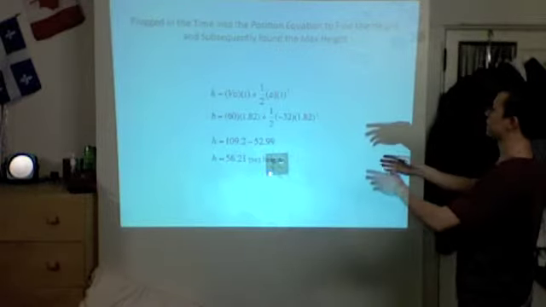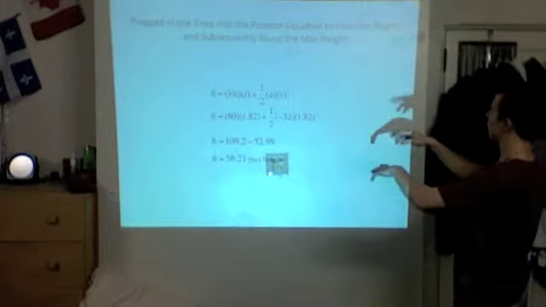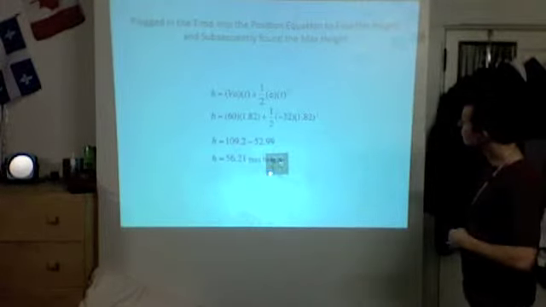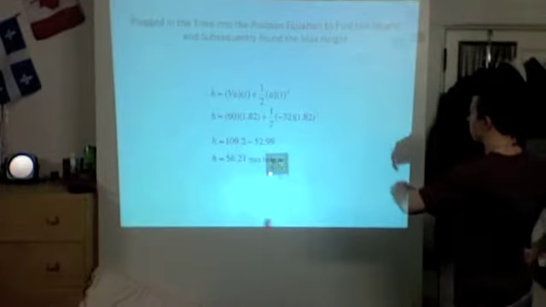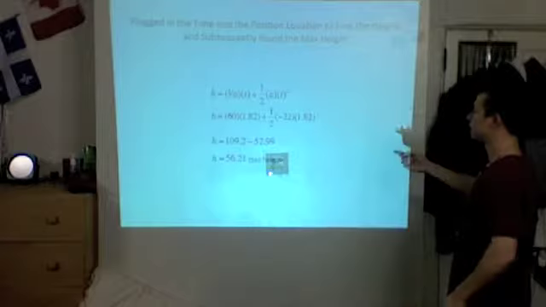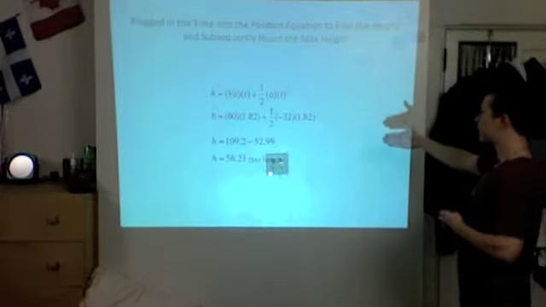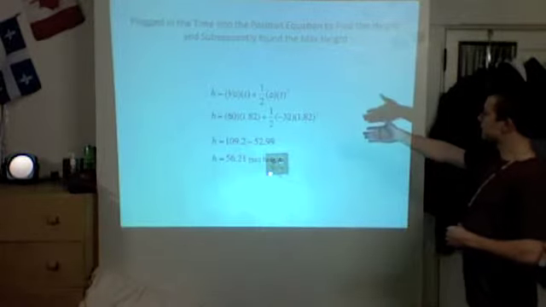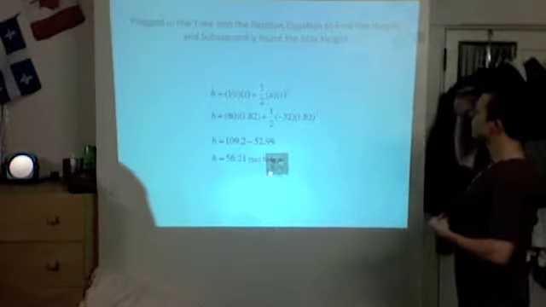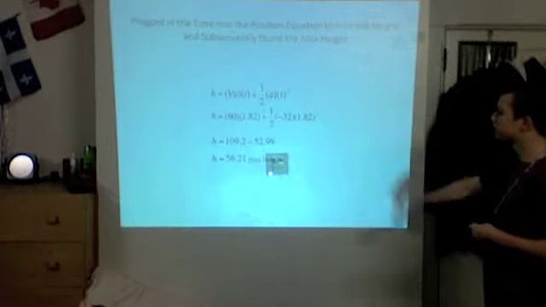You get the initial velocity, 60, times 1.82, the time you solved for, plus half of the acceleration due to gravity, negative 32, times the time, 1.82, squared. After all that math, what you get is 109.2 minus 52.99. And the answer for the max height is 56.21 feet.